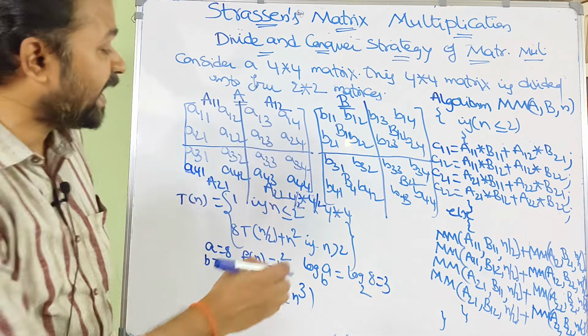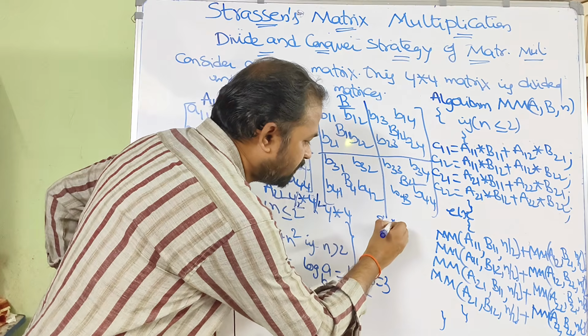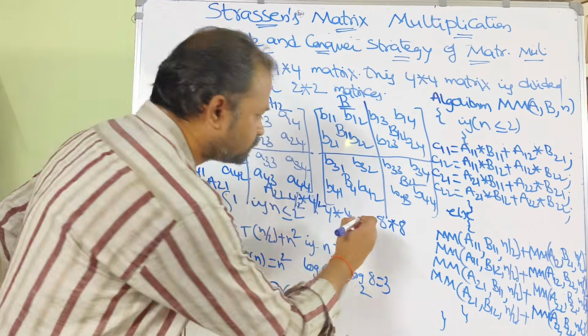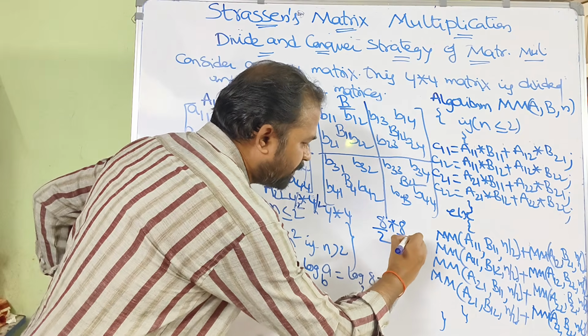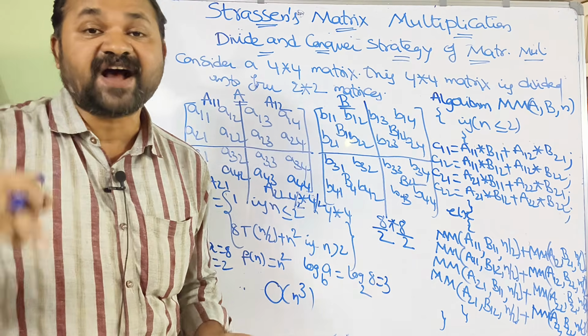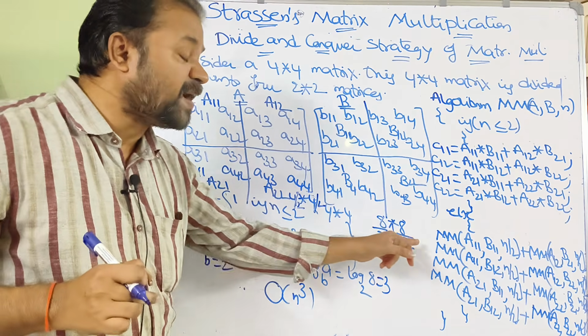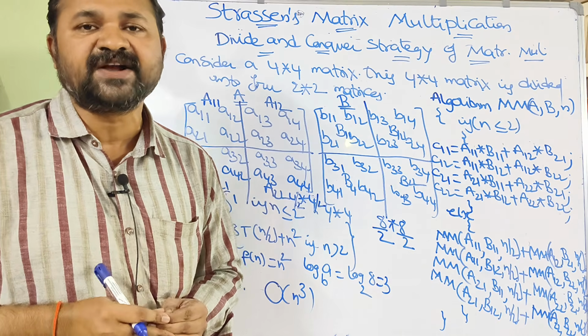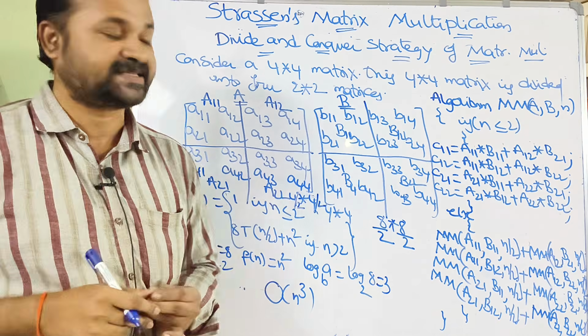Suppose if we have an 8 by 8 matrix, then it is divided into 4, 4 by 4 matrices. Again each 4 by 4 matrix is divided into 4, 2 by 2 matrices.